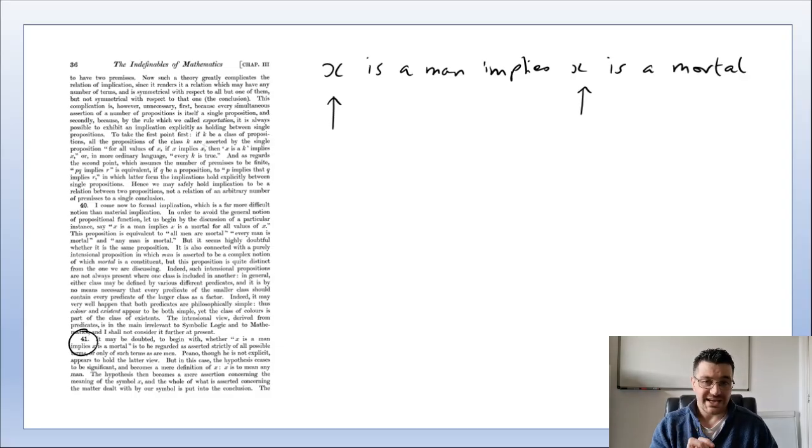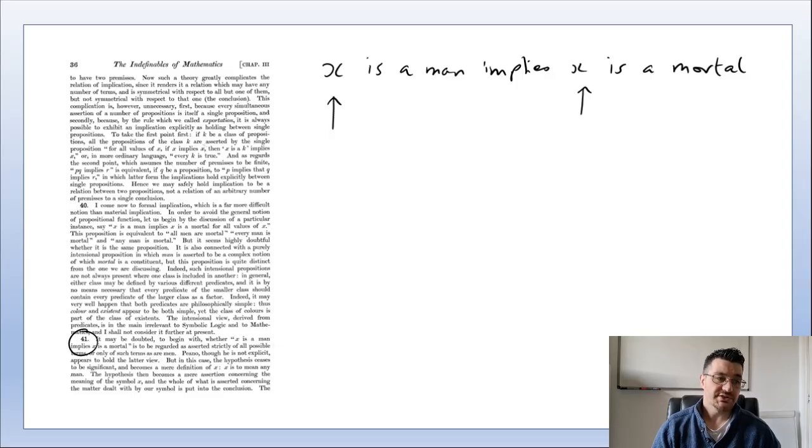So we can replace X with any term: an elephant, a coffee cup, a tree, whatever. Socrates is a common one that he's going to be using. But there's no restriction, according to Russell. If we want to consider it as a formal implication, then X has to have a completely unrestricted range.